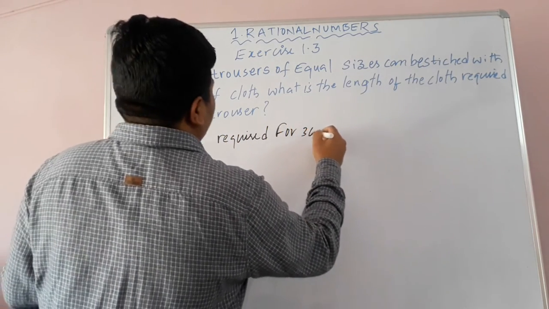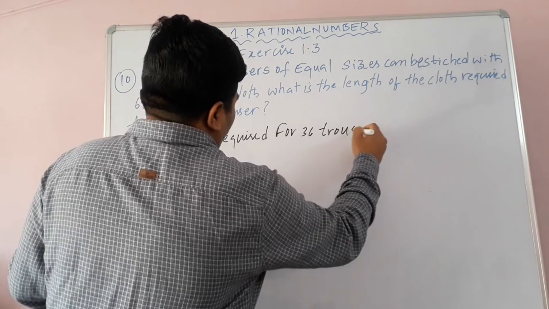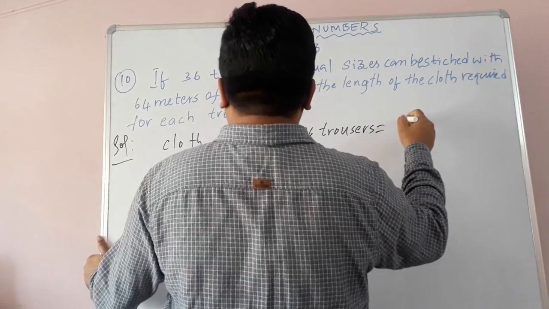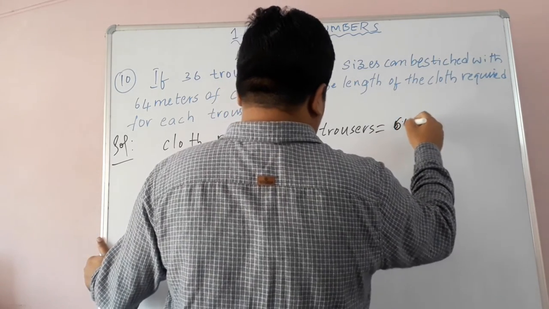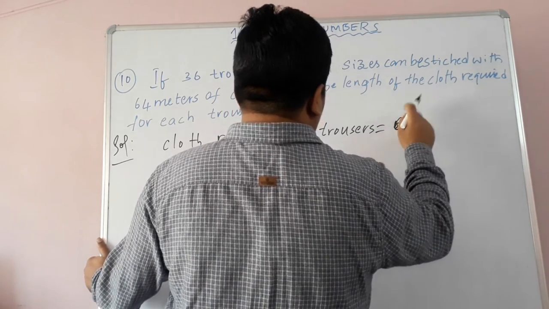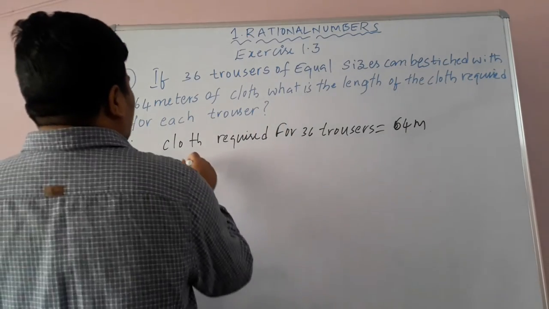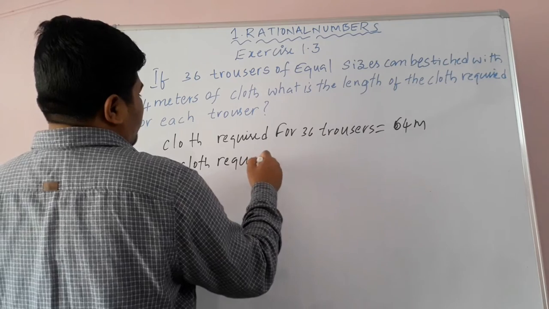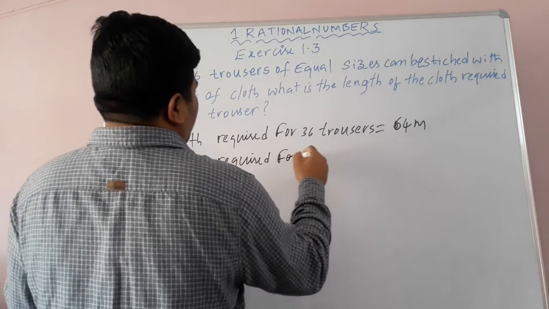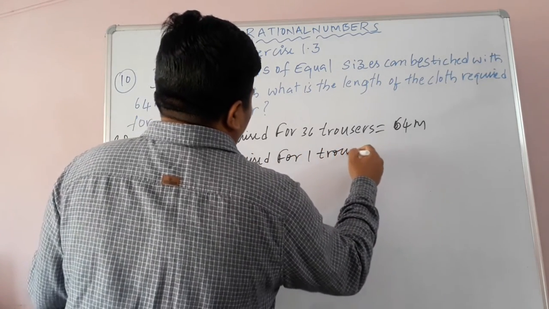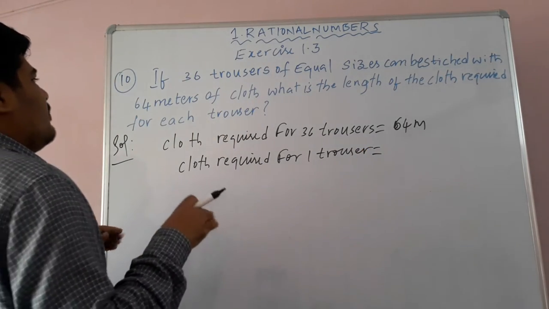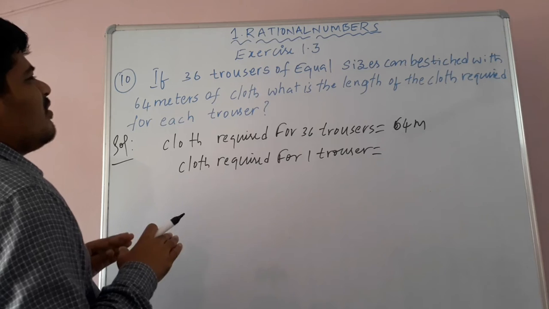Cloth required for 36 trousers is equal to 64 meters. Now children, cloth required for one trouser. The condition is that each trouser takes the same amount of cloth.